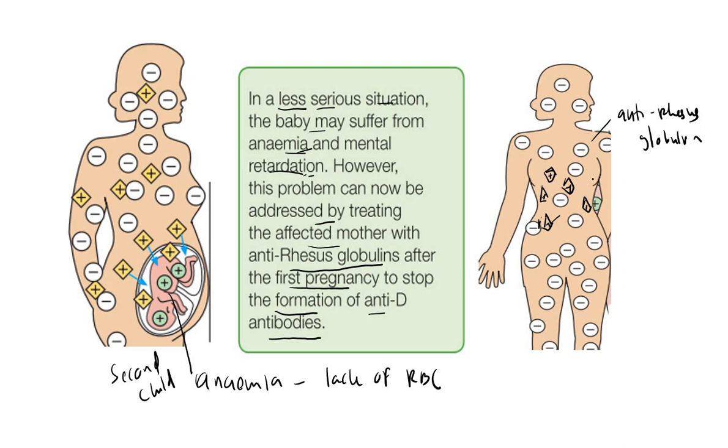Which means if the antibody is still inside the mother, it is maybe in a lower concentration only, because the formation will be stopped by anti-rhesus globulins. It does not mean there are none, because some were already produced, but it will stop further production. So the antibody concentration in the mother will become lower.